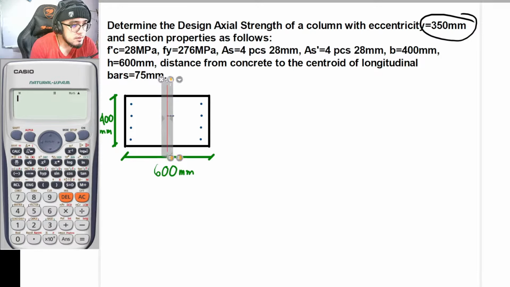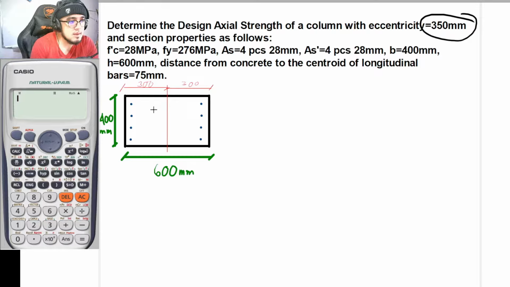With that, this is equal to 300 mm, and this is also equal to 300 mm. So 300 and 300, but the eccentricity is to be 350 mm.